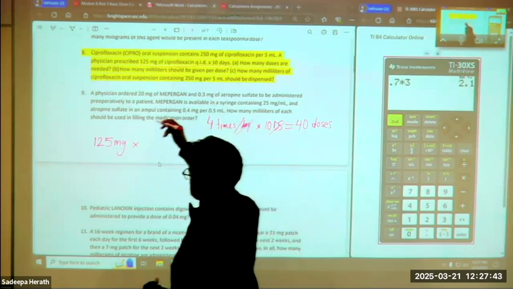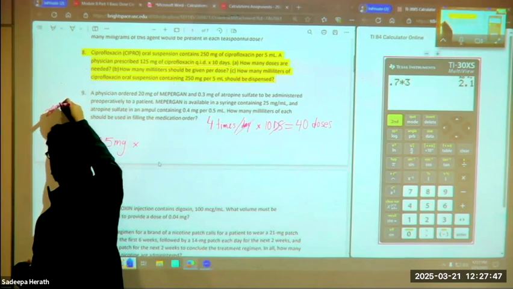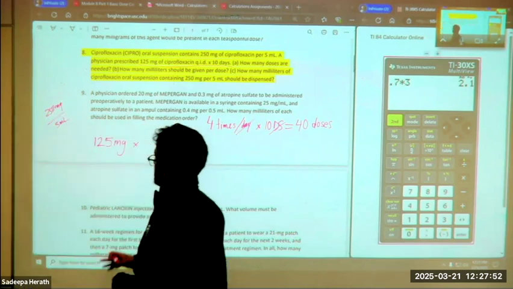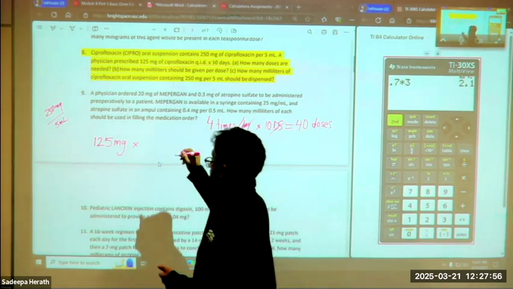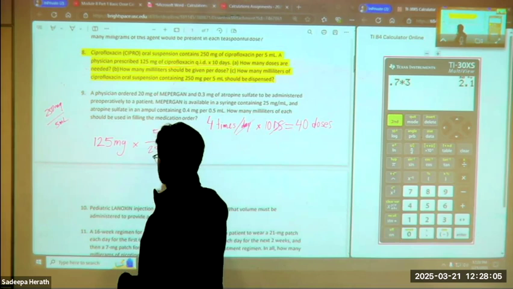So our conversion factor is 250 milligrams per 5 ml. What we want is to end up with ml, so we just put milliliters on top. 5 ml over 250 milligrams.